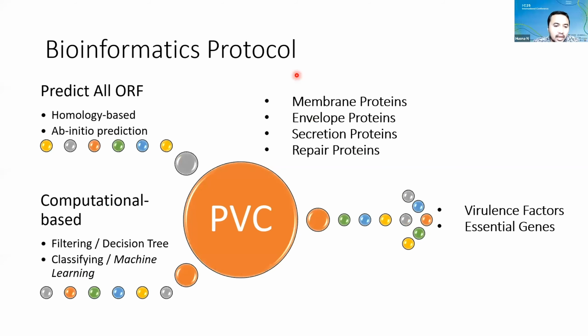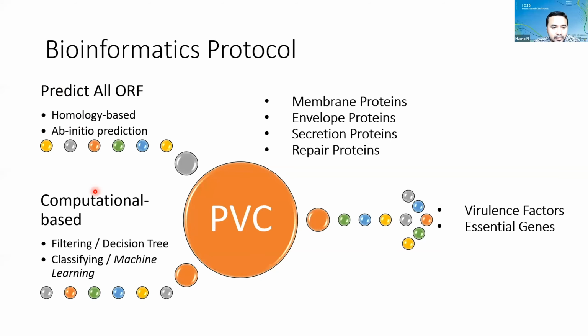As for the bioinformatics protocol to use reverse vaccinology, we first need to predict all the open reading frames. In a bioinformatics approach, we can use homology-based prediction, or we can try ab initio prediction, using de novo predictions.